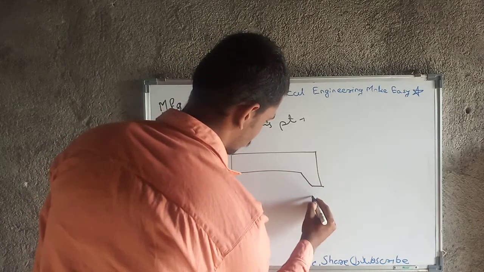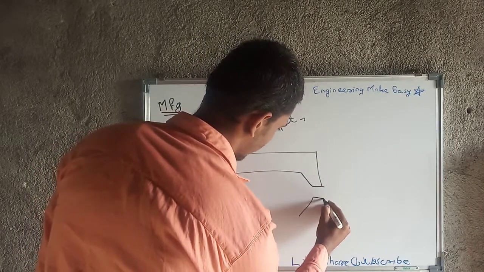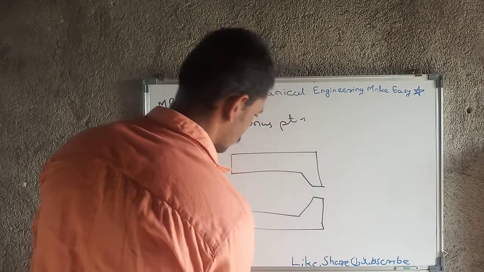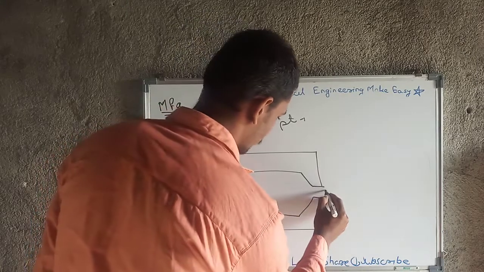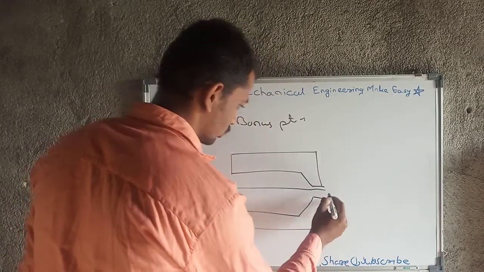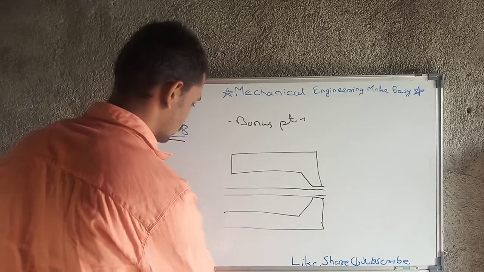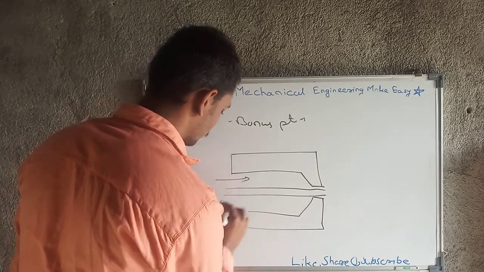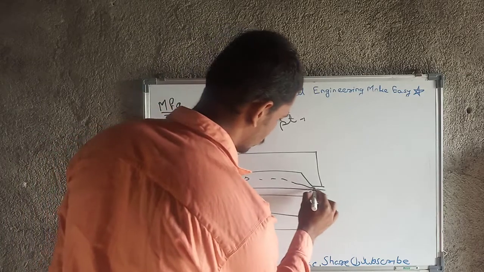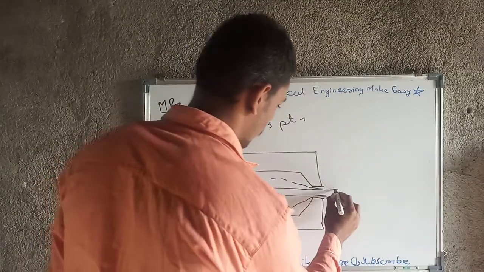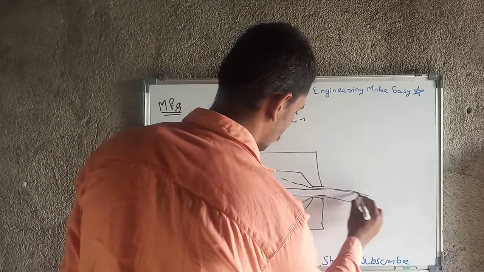If this is the die, then we will have one solid section here, and the material will be fed from here and go through this small gap. Ultimately the tube will form.